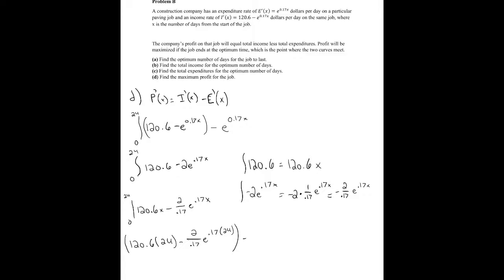And we're going to want to subtract 120.6 times 0 minus 2 over 0.17 times e to the 0.17 times 0. This gives us the same number we found in the last way, which is a total profit of $2,210.34.